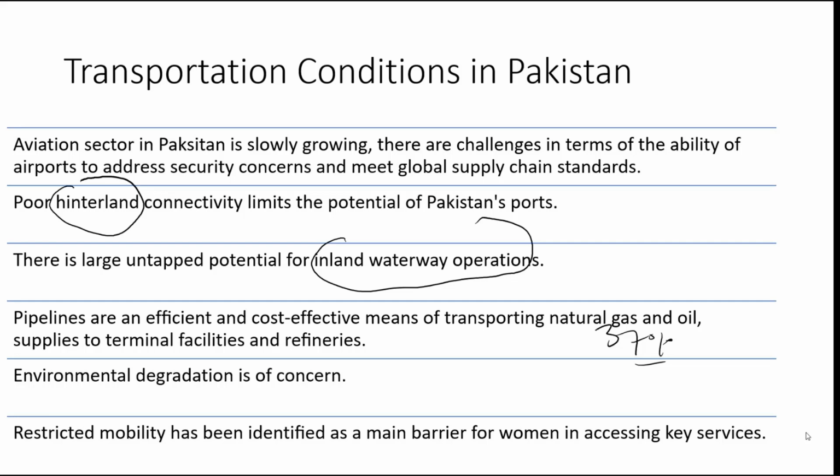Another very important indicator is the restricted mobility option for women, which is a main barrier for women to access key services. Arranging transport is considered a problem for about 40% of women, according to Asian Development Bank statistics published in 2015.